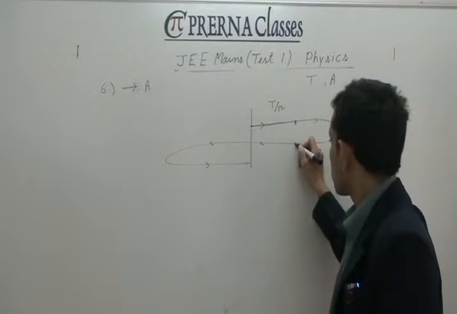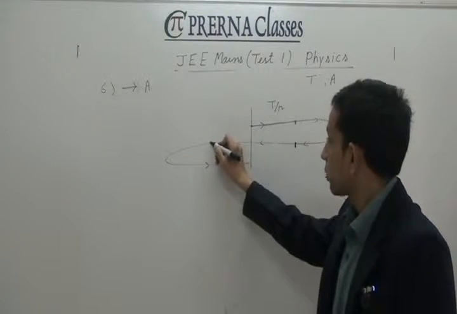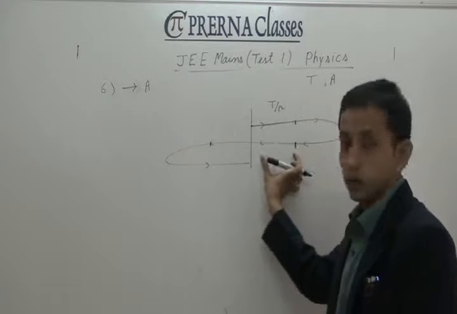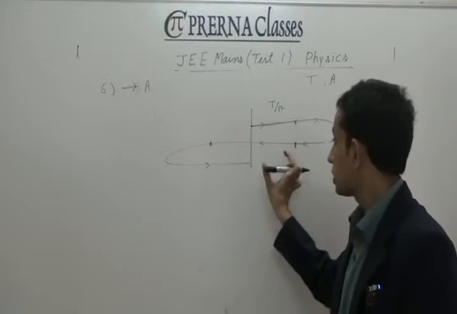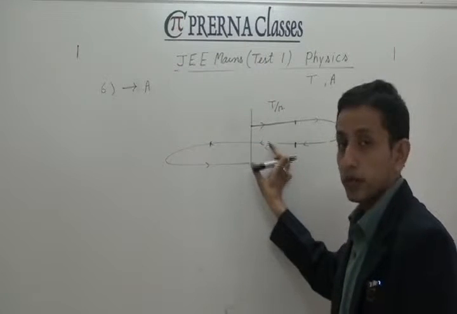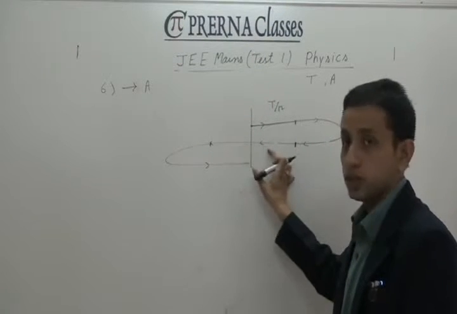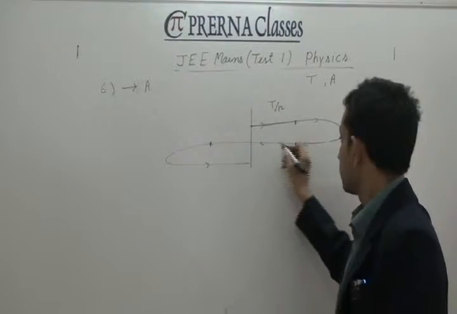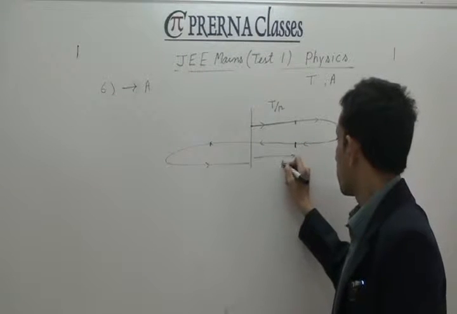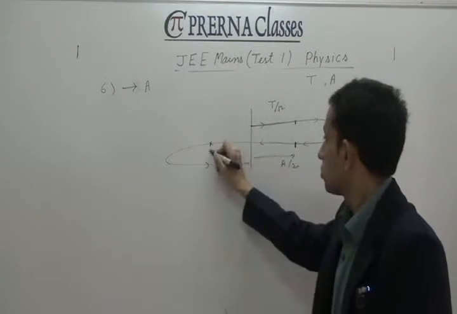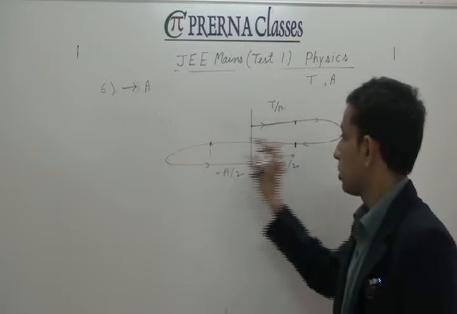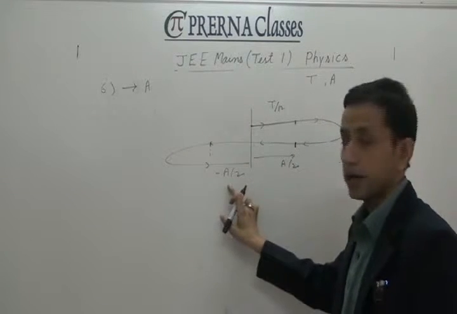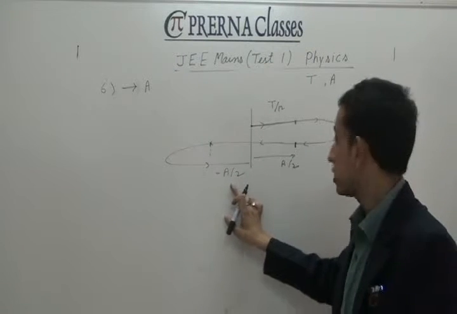So what we can do, suppose we start from here and go up to here, means we are considering the simple harmonic motion near the mean position. Near the mean position the velocity is more. So in this case, if we consider from plus A by 2 to minus A by 2, the total distance covered will be A by 2 and A by 2, so A distance total will be covered.